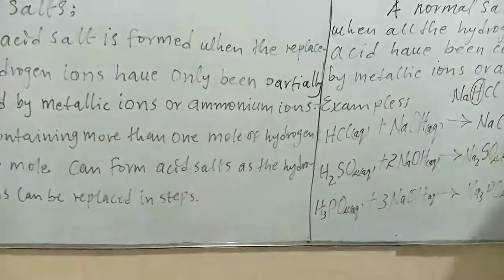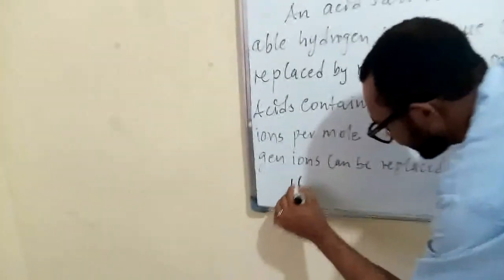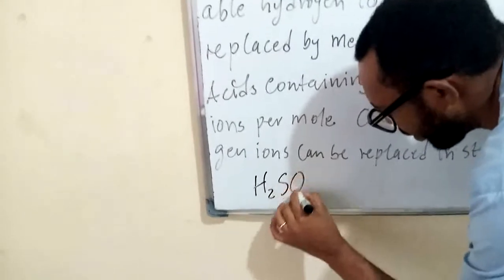Now let's show a typical example of acidic salt using H2SO4.